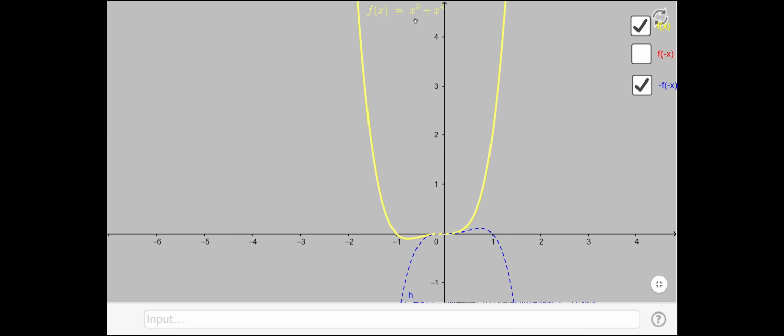So this is my function, x cubed plus x to the fourth. This is the graph of my original function.